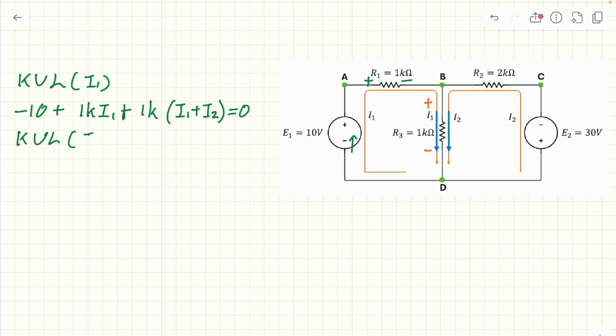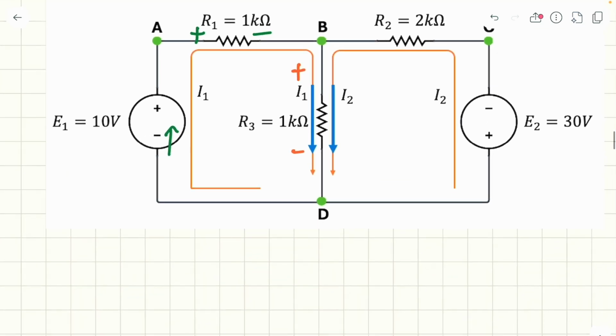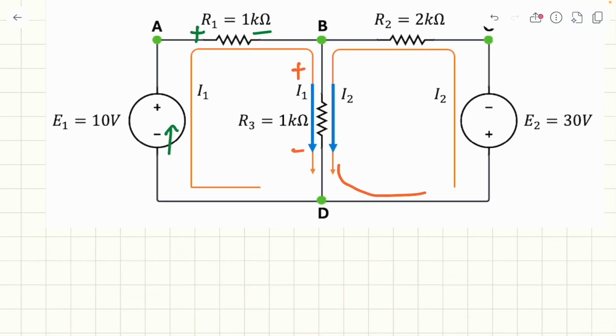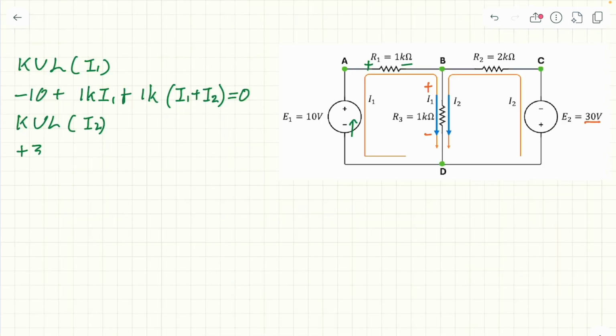KVL for I2. For I2, if we look at how the loop goes into the voltage source, it's going from the positive side. So this time 30 volt must be positive. Positive 30, for the R2, which is plus 2K I2.